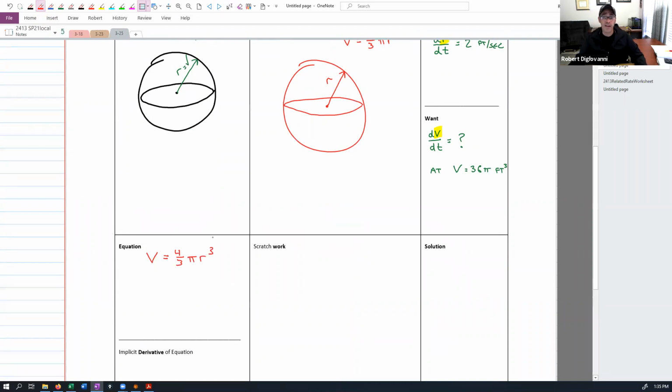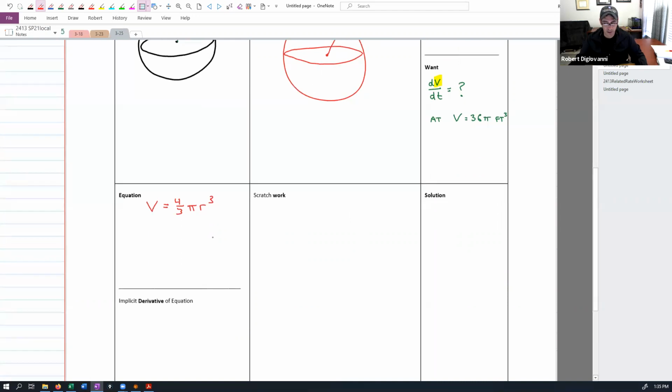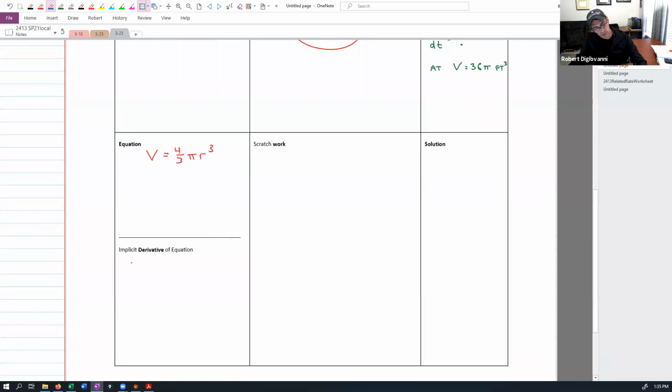And once we have that, we are going to differentiate it with respect to time. That's our next step. So we take the derivative with respect to time of v on the left side and the derivative with respect to time of 4/3 pi r cubed on the right side.